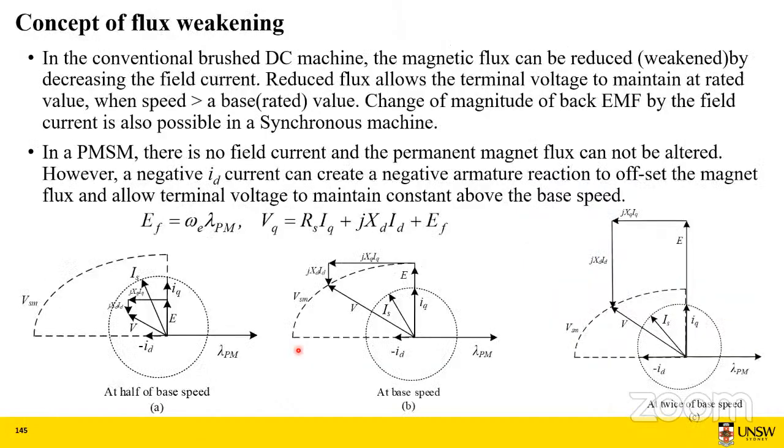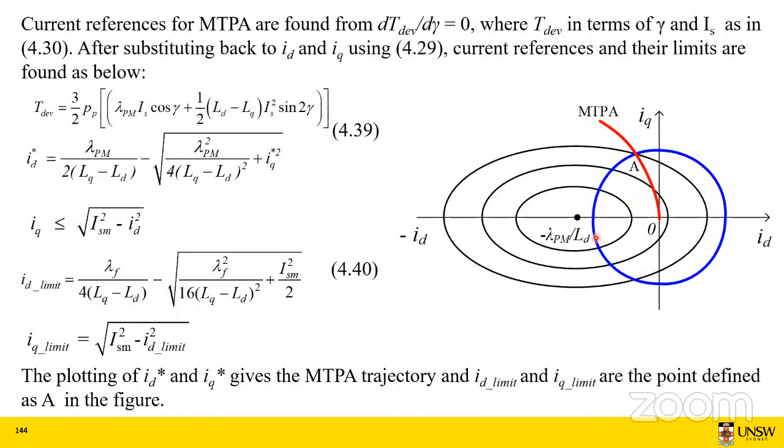It is also interesting to know that the characteristic current is actually the center of your ellipse, okay?